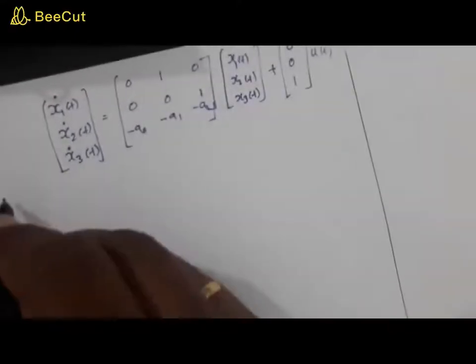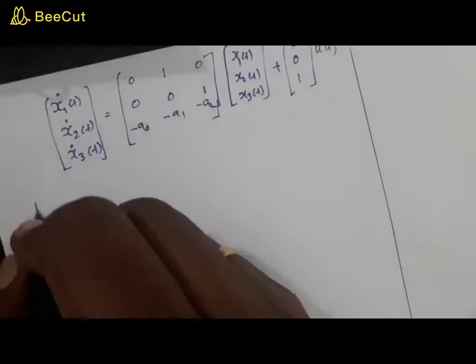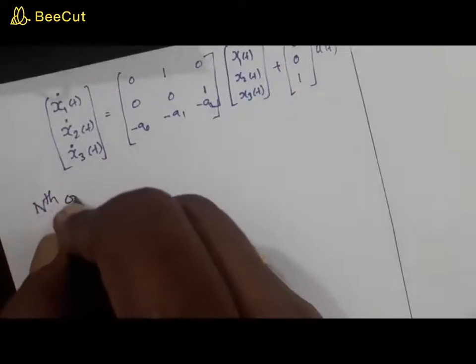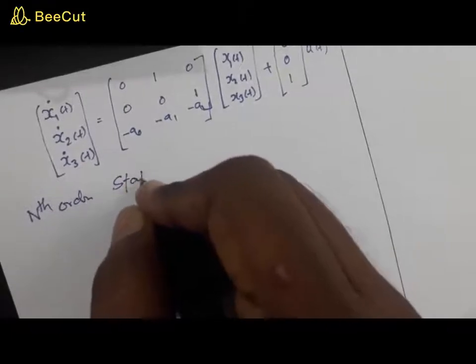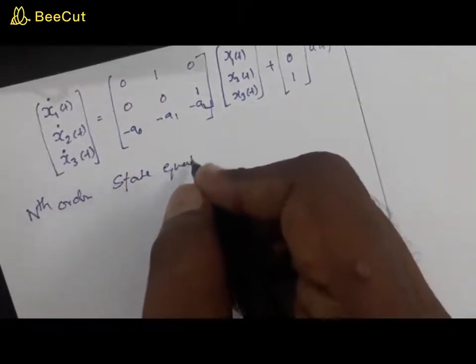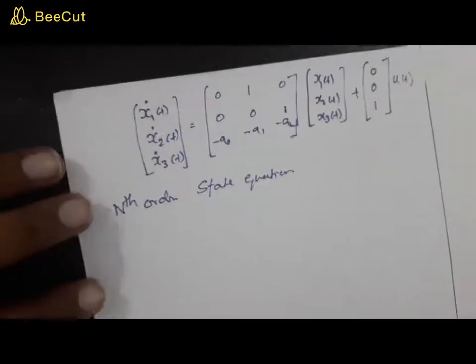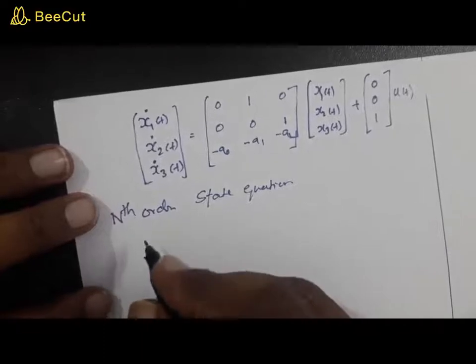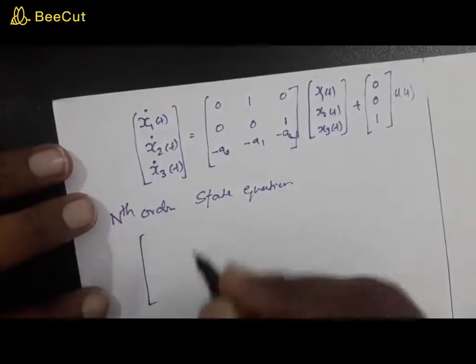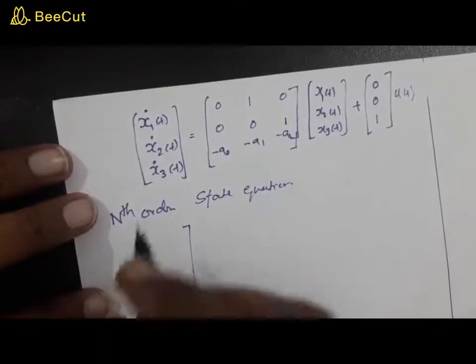Now I'm going to extend this to an nth order system. Now how to write the nth order system equation, or the state equation? So now just have a comparison of the matrices which we have done already. Using that, you can have the generalized state equation.